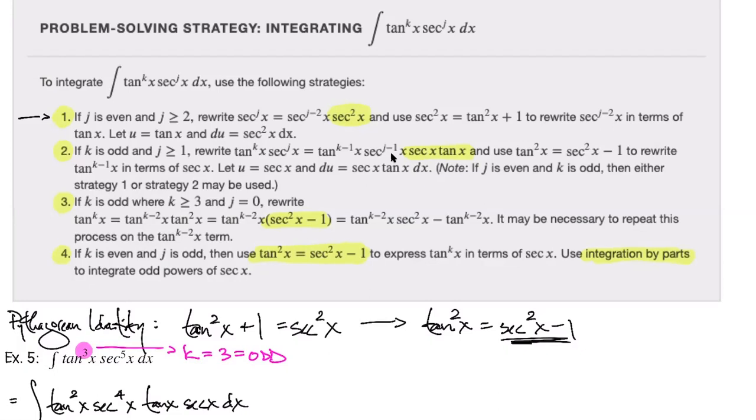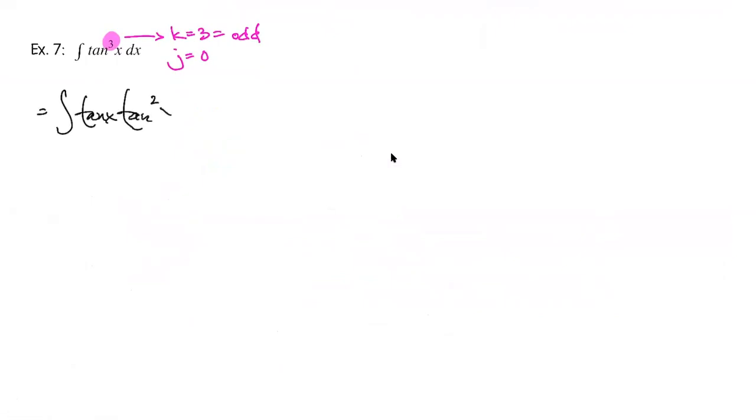So when we go back down to example number 7, we're going to split the tangent cubed into tangent and tangent squared. And everywhere we see the tangent squared, we're going to replace it with secant squared minus 1.